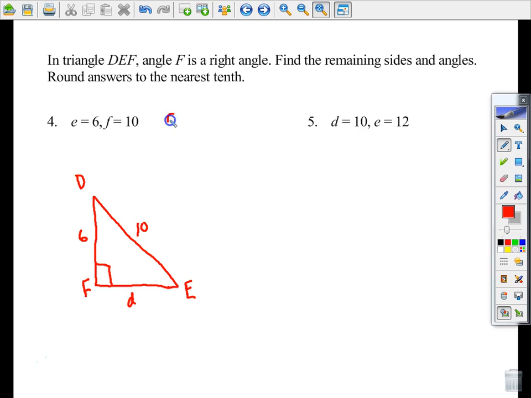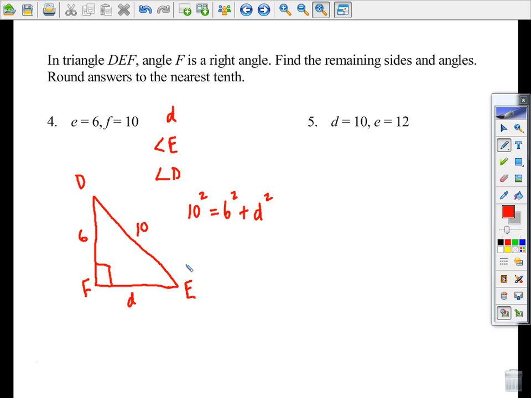So we're going to be finding side D, angle E, and angle D. Let's work on side D first, and we'll use the Pythagorean theorem again. The hypotenuse, 10 squared, equals one leg squared plus the other leg squared. Grab your calculator.